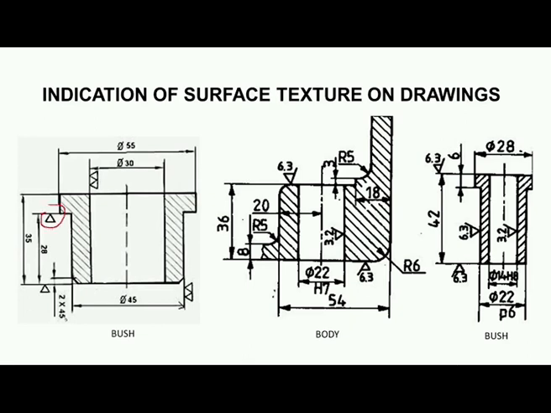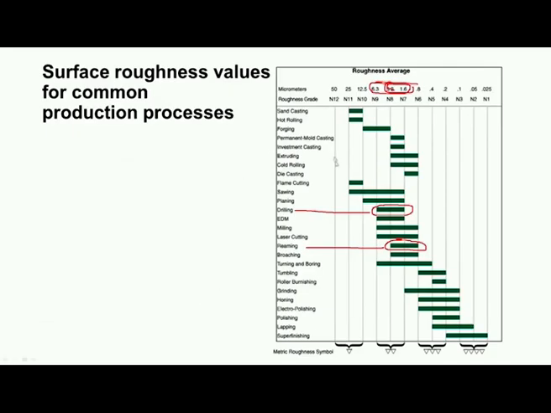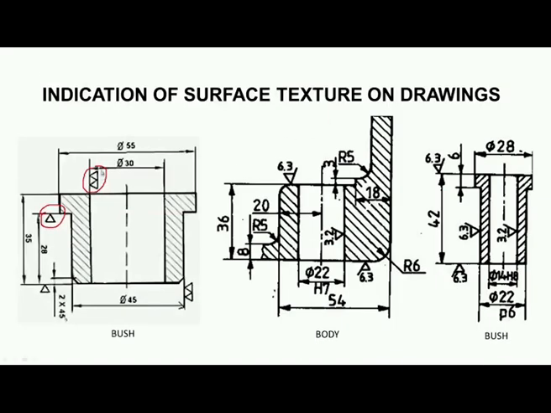Okay, this single triangle and double triangles are used. Now, from this diagram we can understand single triangle means it is a very rough surface, maybe the surface is as cast, and no machining is needed. And here we have a hole in which the two triangle grade is used.